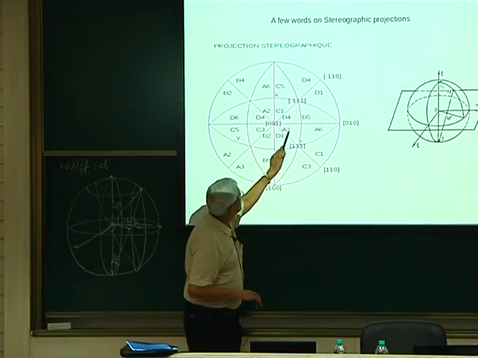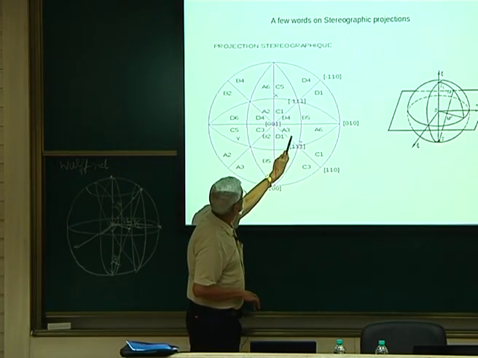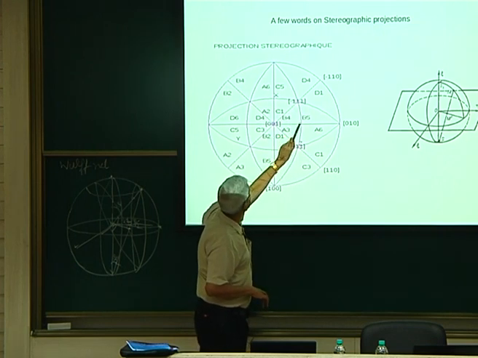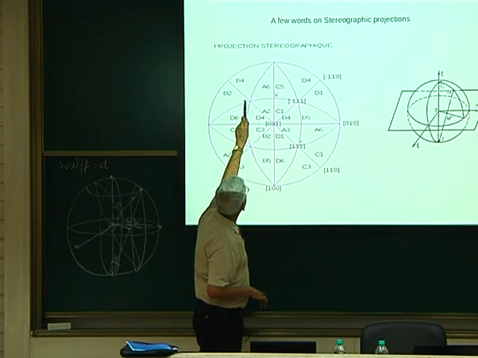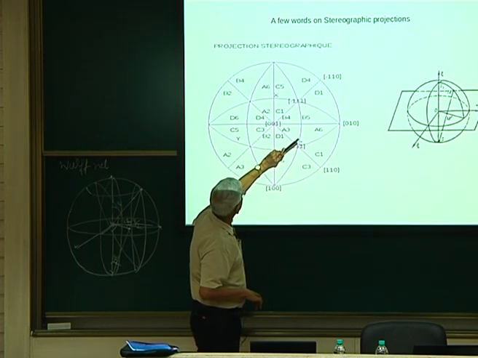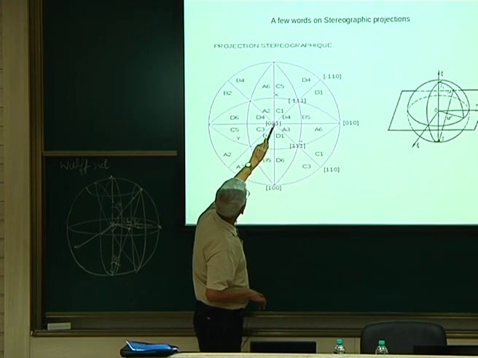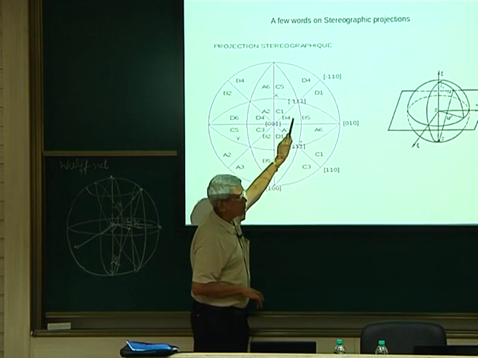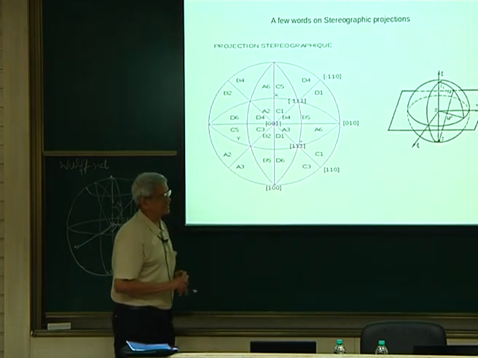That's how we can mark specifically. Here it will be 1 bar 1 1, okay, 1 0 1 direction, and here if I try to do it, it will be 1 bar 1 1, and the slip system will be 1 bar 0 1, I think, which will be active. Like that we can find out all these.